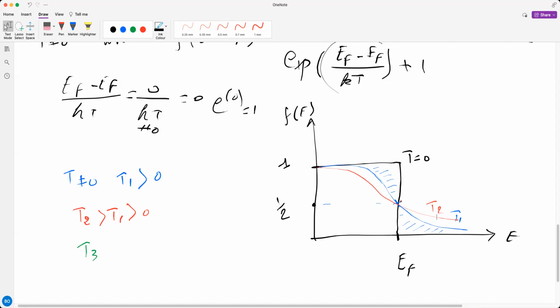This is one. The second characteristic, when the temperature is not 0, above 0 degrees Kelvin, is that the probability of occupation of the Fermi level is 1/2. Okay, those are the two characteristics that you have to retain. Any question?